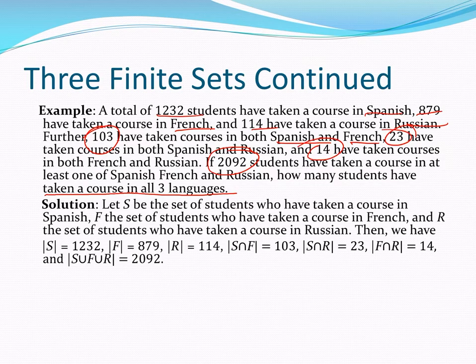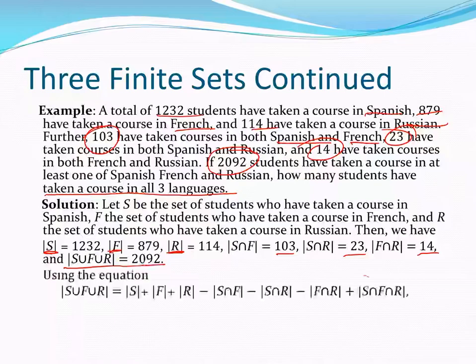All right, let's populate our formula. Here I have it expressed in terms of cardinalities. Cardinality Spanish, cardinality French, cardinality Russian students, two-way interactions. And I have my union that was given to us, but I want to look for the intersection. So here's my inclusion-exclusion equation.